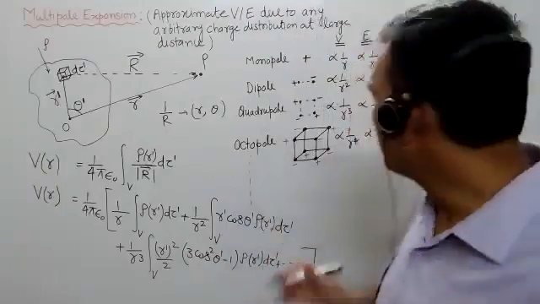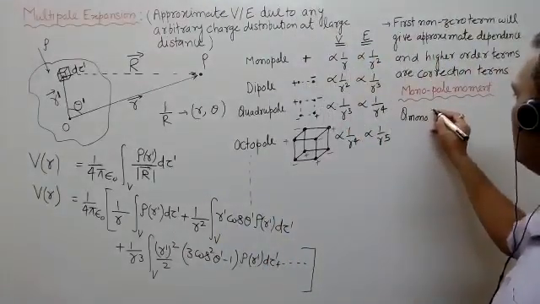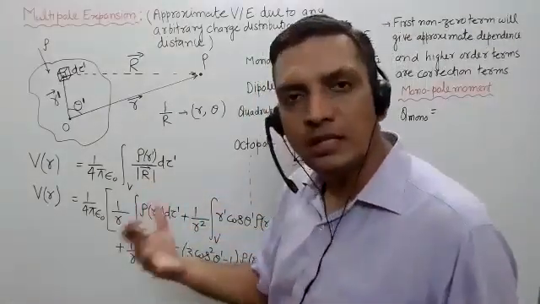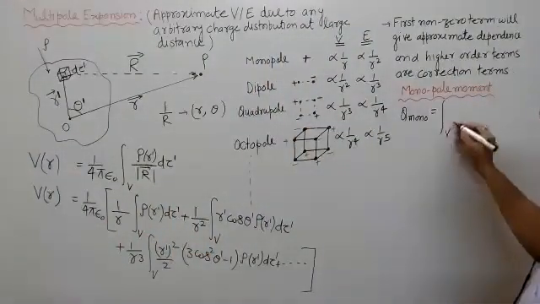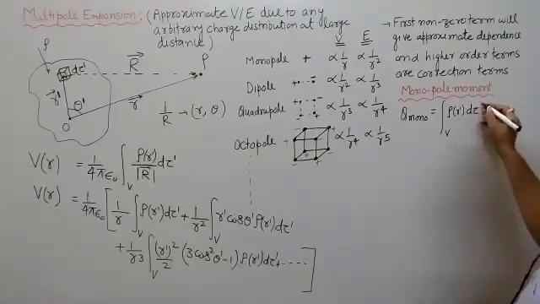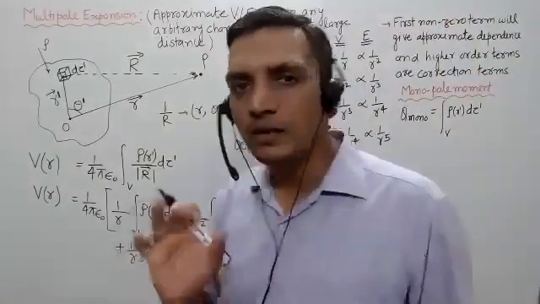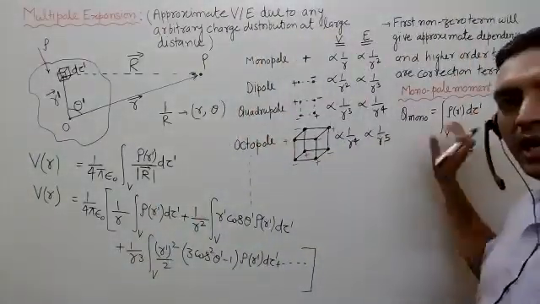What is the total charge? So Q mono is given by, you can see this first integral is rho d tau. That represents the total charge of the configuration. So we can write this as volume integral rho r dash d tau dash. Q mono is the total charge of the configuration. This is in terms of volume charge.